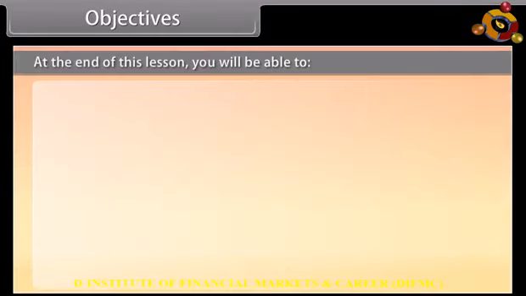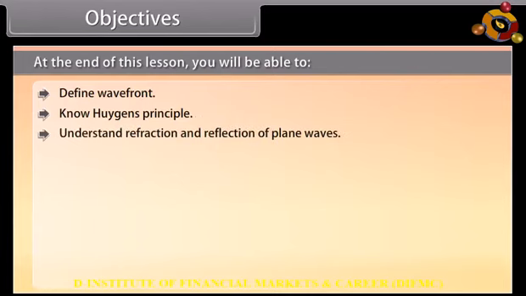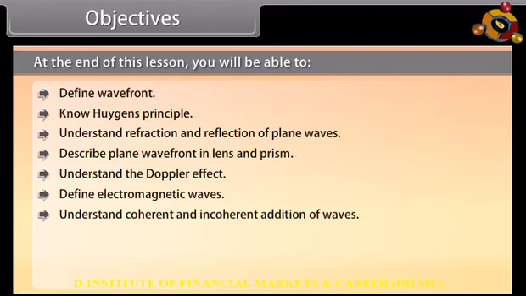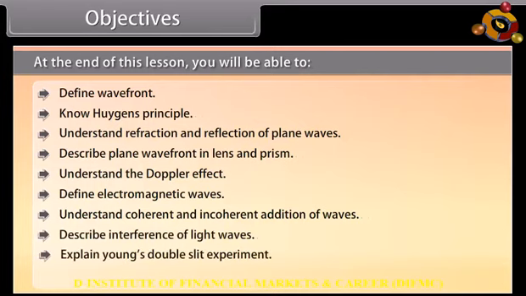At the end of this lesson, you will be able to define wave front, know Huygens principle, understand refraction and reflection of plane waves, describe plane wave front in lens and prism, understand the Doppler effect, define electromagnetic waves, understand coherent and incoherent addition of waves, describe interference of light waves, explain Young's double slit experiment, explain conditions for sustained interference.